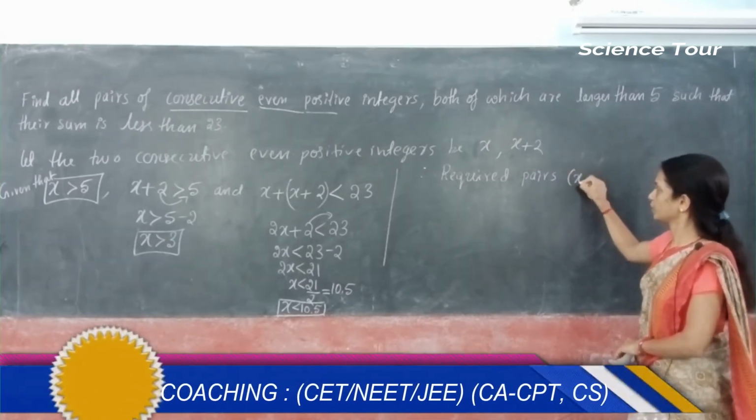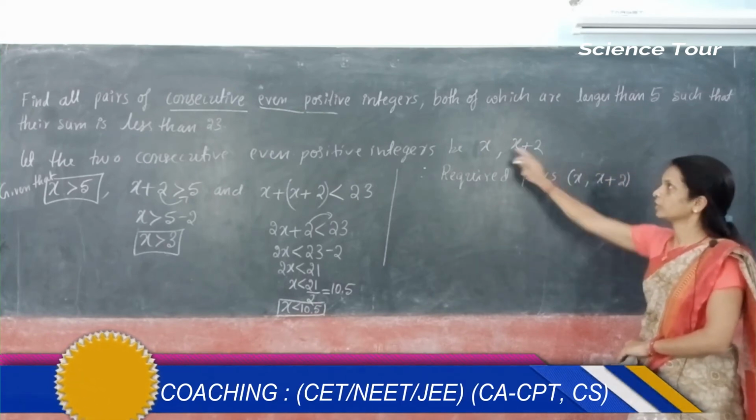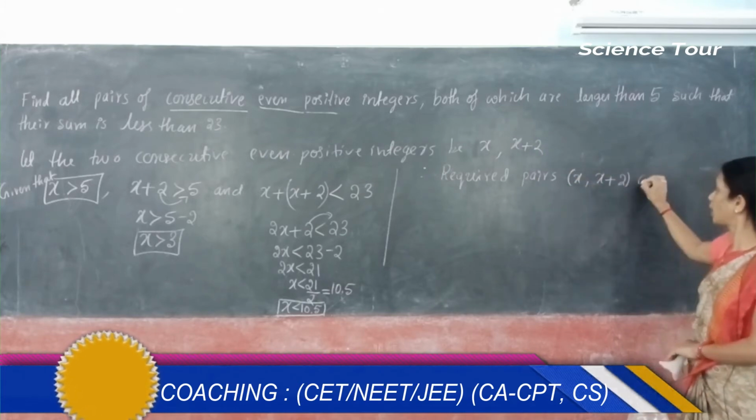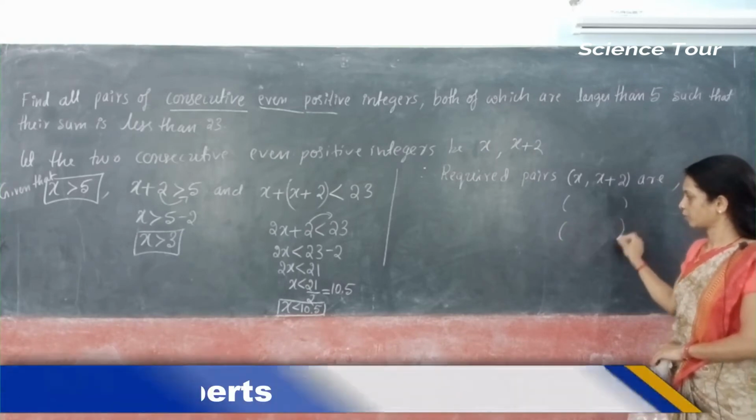Required pairs, x comma x plus 2, we take in ordered pair form.